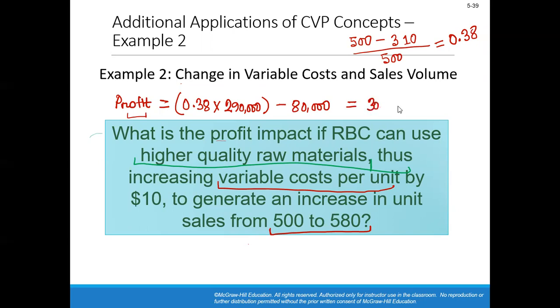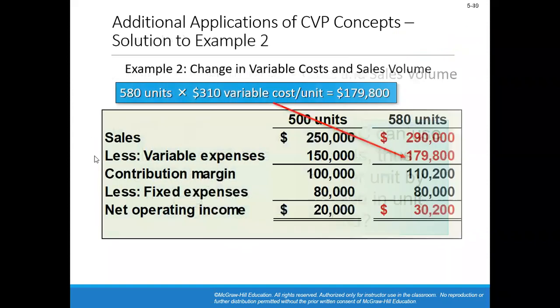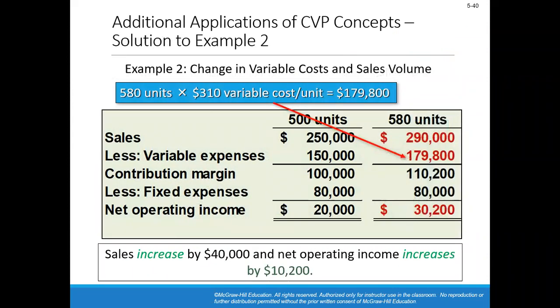Can you recall what our profit was in the case of 500 units having the contribution margin of 40%? Okay, we see that in our new case, our net operating profit is 30,200.